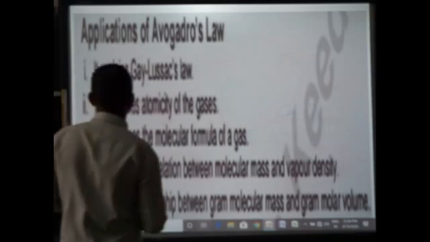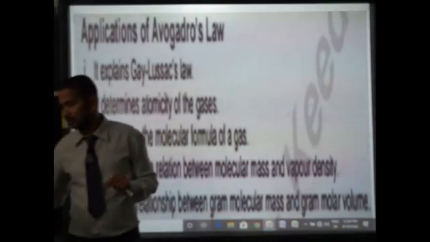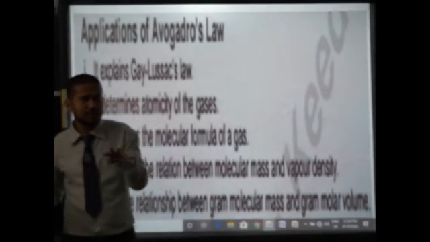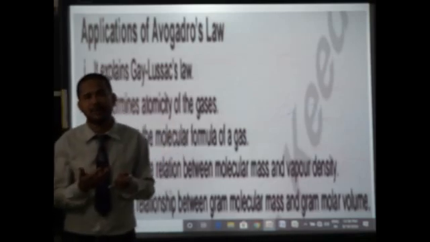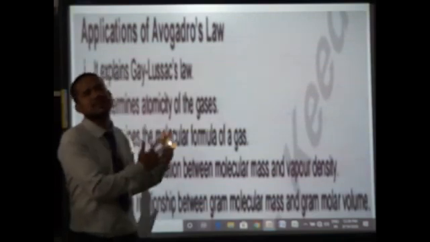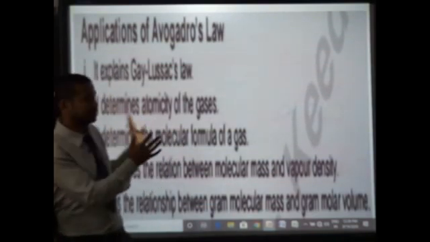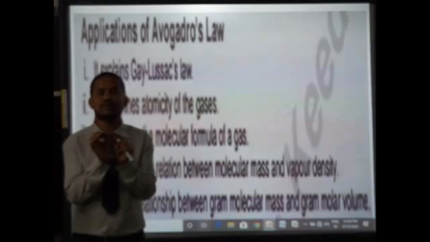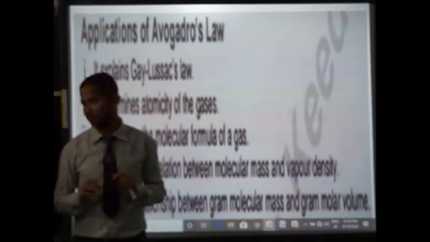So these are some applications of Avogadro's law. Maybe some portion of these things your book may not have. Okay, so you can note this. Whatever is displayed on the screen is also notes for you. Okay, you can copy this. These are the notes.